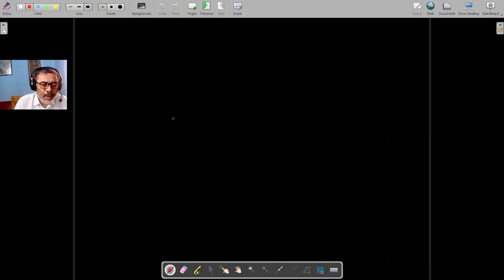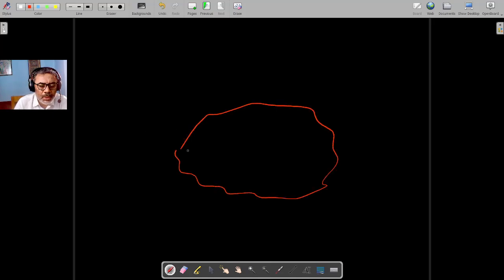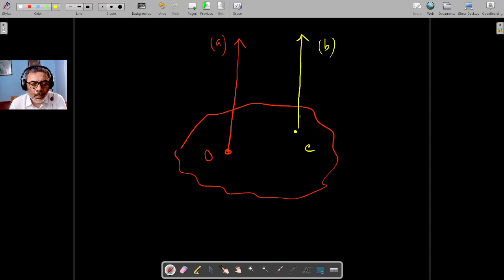So to prove the parallel axis theorem, again let us consider a three-dimensional mass distribution, and there is an axis A, passing through the origin. And then there is a second axis which passes through the centroid. Second axis B is passing through the centroid.